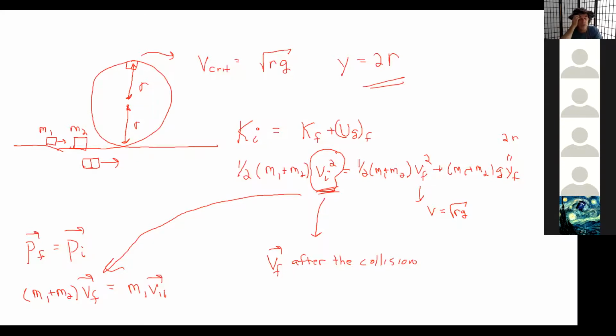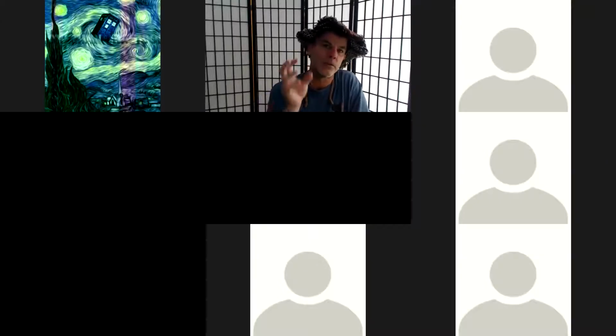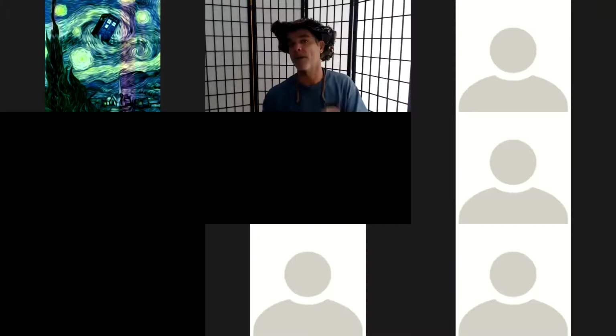Oh, there's another quick question on this. I was just going to ask, just clarifying that if the external forces are 0, is that the only time that we say P final equals P initial? If the sum of the external forces on a system is 0, then momentum for that system is going to be conserved.